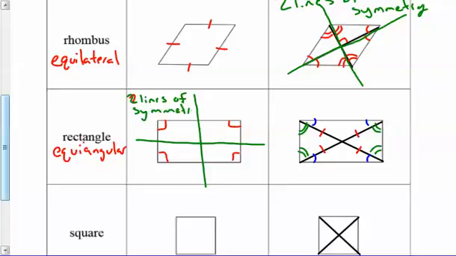All right? So there's a little bit of juxtaposition here where a rhombus has equal sides, right? Congruent sides. A rectangle has congruent angles. Right? A rhombus has perpendicular diagonals, and a rectangle has congruent diagonals.